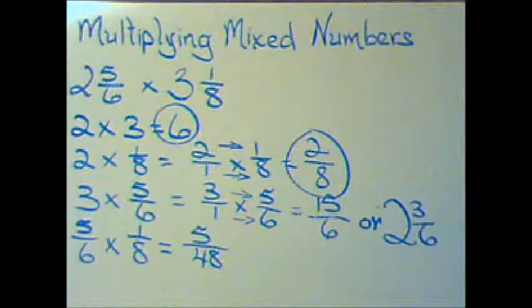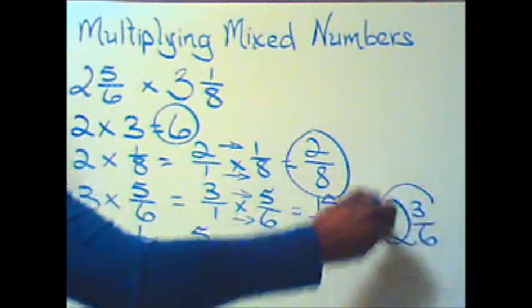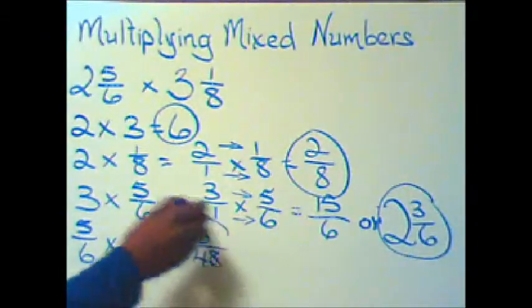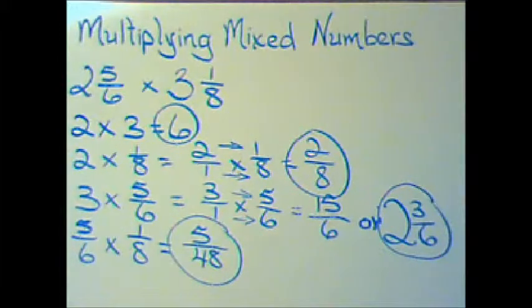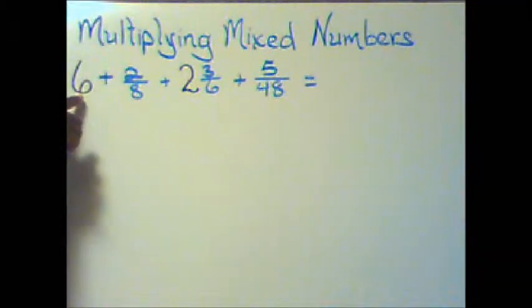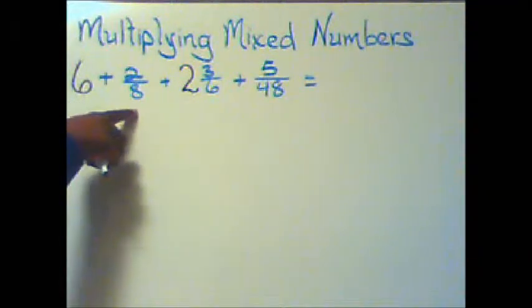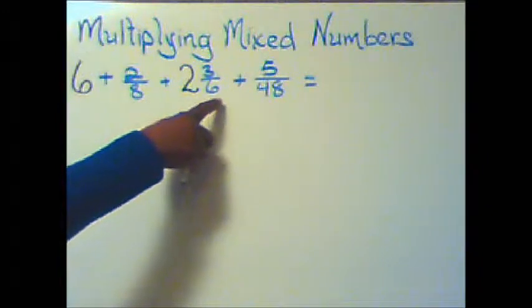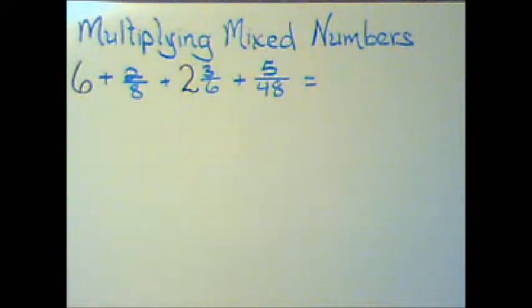So now what I have is everything that I circled, I will add together. So now we're going to add 6 plus 2/8 plus 3/6 plus 5/48.